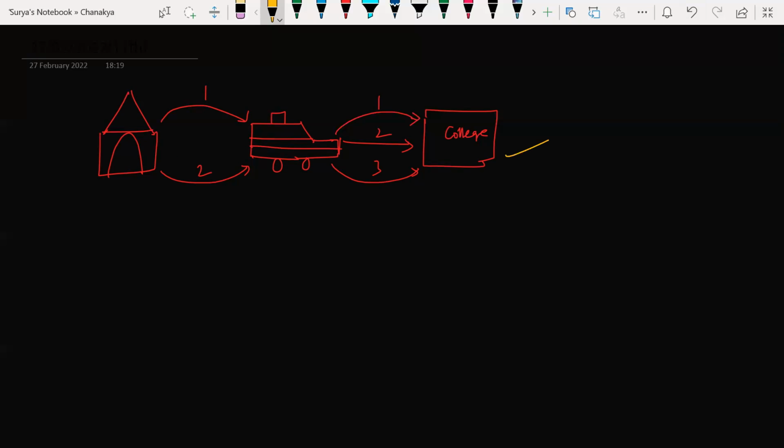So how many possibilities to reach your college from home to college? How many ways? Here 2 ways, here 3 ways. Total 5 ways? Not 5 ways. Look, total not 5 ways, 6 ways here.